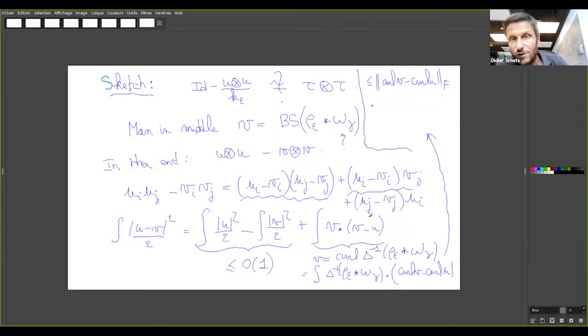So the L infinity norm of the curl of Laplace minus 1 of rho epsilon wedge omega gamma. I have taken the curl out, integrated by parts, and then used the definition of flat norm.